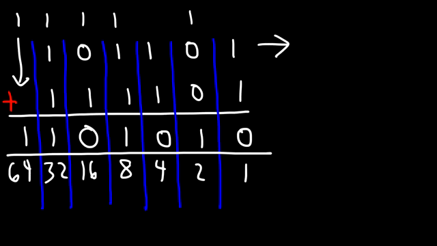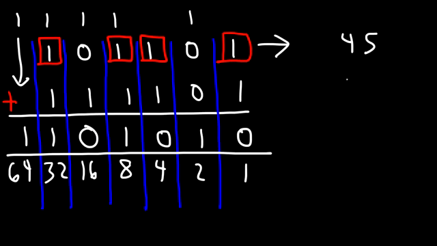So let's convert the first binary number into its decimal equivalent. So we have a 32 plus 8. 32 plus 8 is 40, plus 4, that's 44, plus 1, so that's a total of 45.